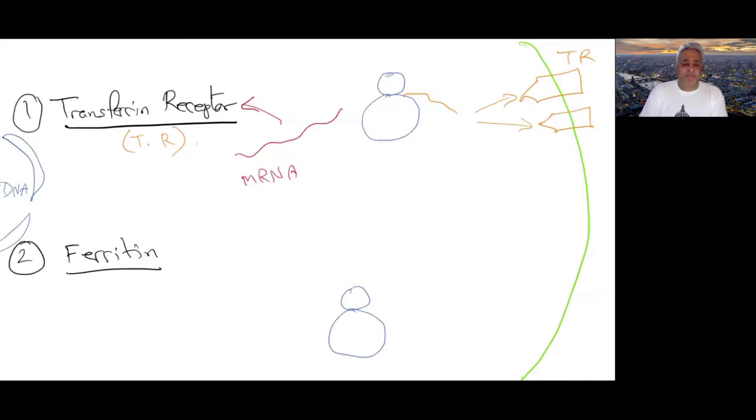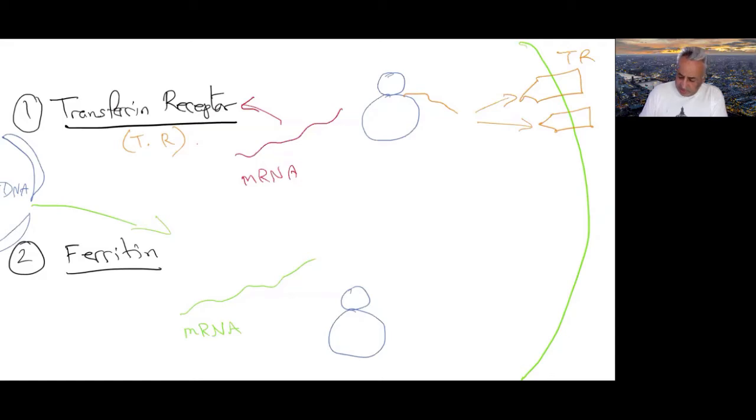The same thing happens with the gene for ferritin. The gene for ferritin, let's put it in a slightly different color because there are differences between the way that the two messenger RNAs are handled within the cell. Okay, so let's use a different color here. Let's use a color that we haven't really used much. Let's go for green. Okay, so the messenger RNA for ferritin is also released from the nuclear pore when it's mature, and then it makes its way to the ribosome.